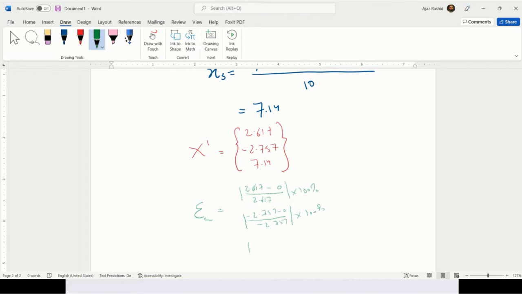And for x3, it's going to be 7.14 minus 0 over 7.14. Of course, since we are starting with zeros, whatever value you get, you'll have 100% error. So that's the error in the first iteration.